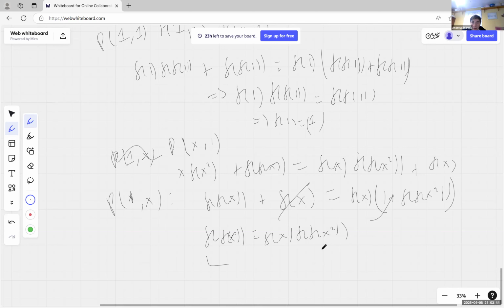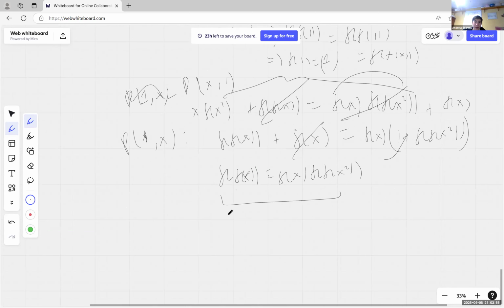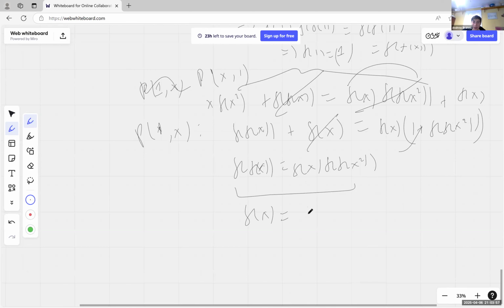And you can plug this back into here. These two cancel out, and you have f(x) is equal to x f(x^2).